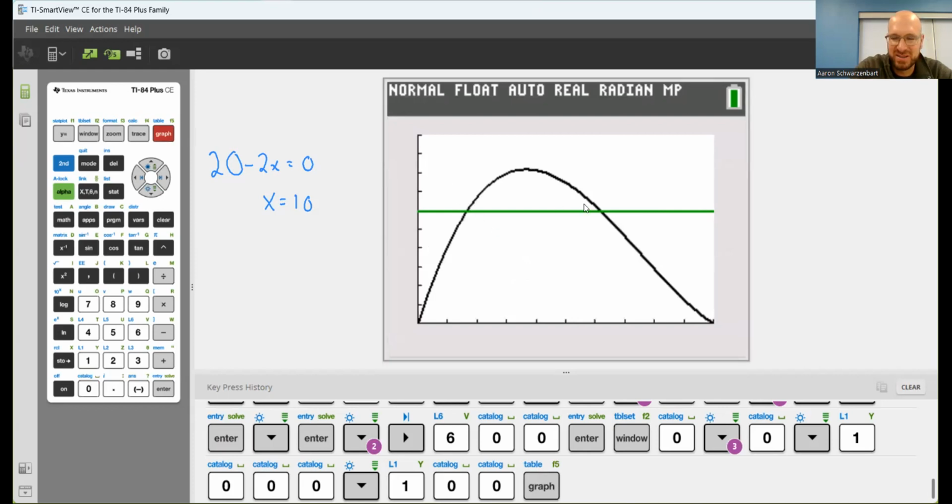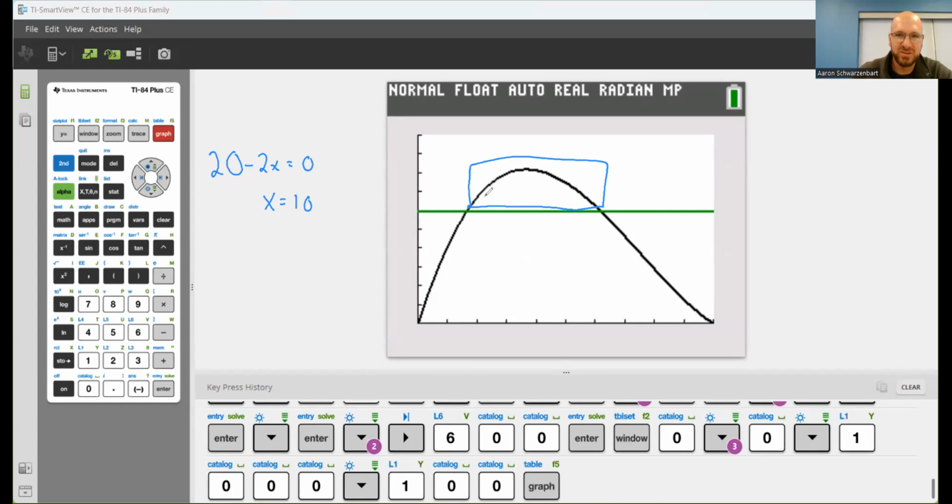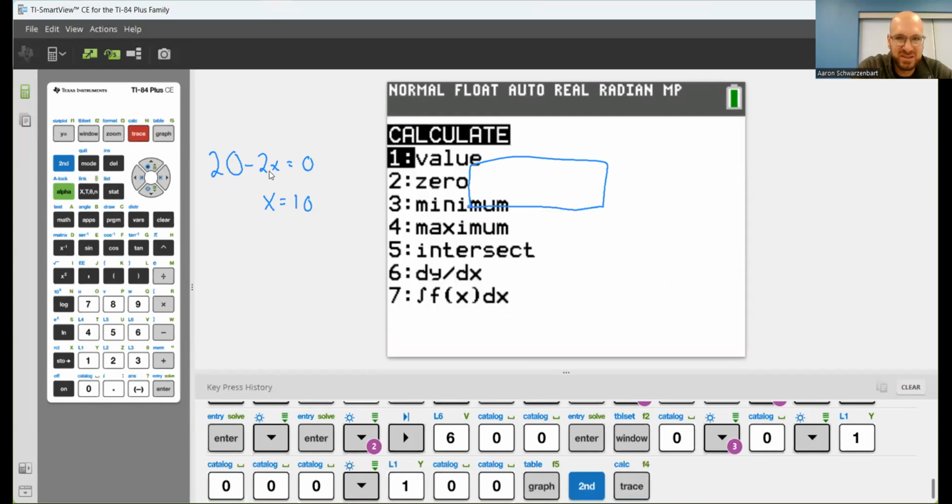Okay, so I'm looking at when is it larger? That's functionally looking at when is it larger? That's this region. Now I'm going to have to go use my intersection tool. Find the intersects.